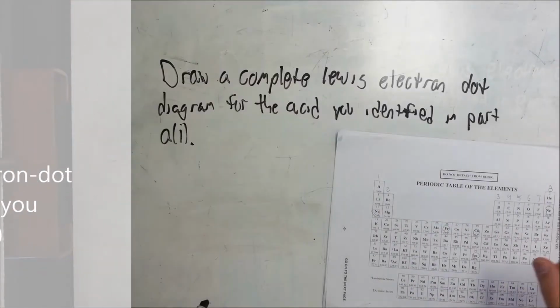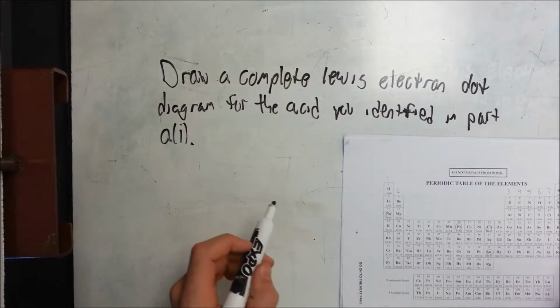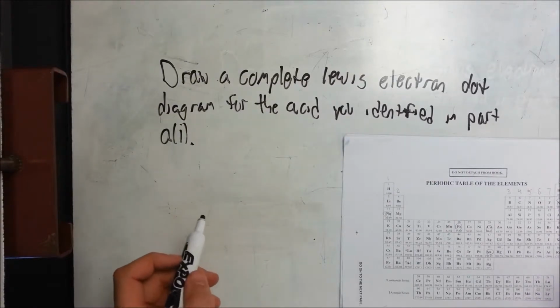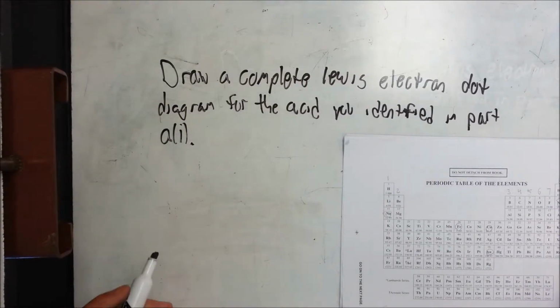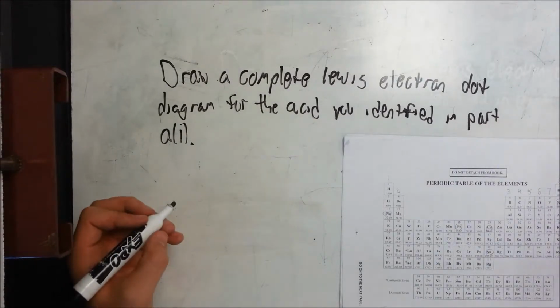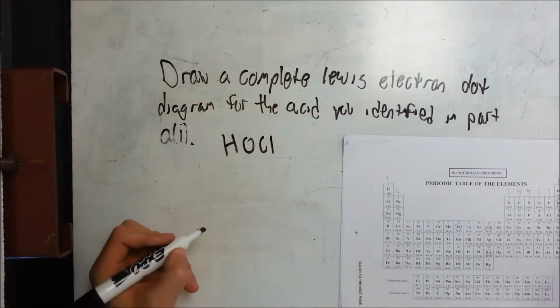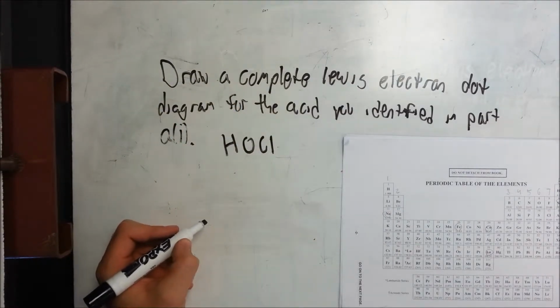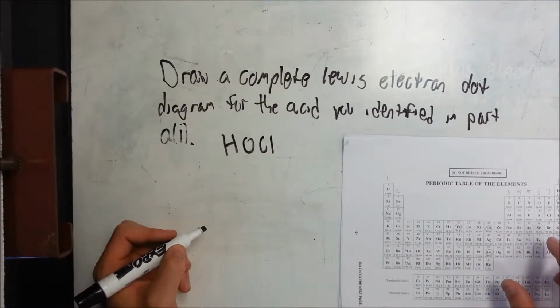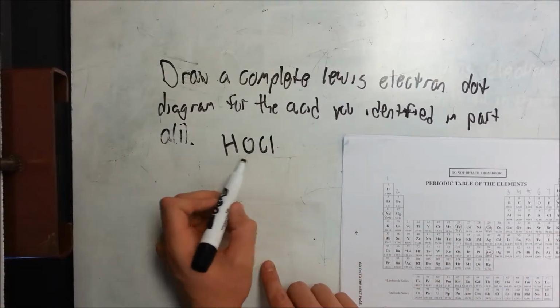Okay, so in this part of the question, we are going to draw a complete Lewis electron dot diagram for the acid that we identified in part A. And the acid we identified was HOCl. First things first, we want to see how many valence electrons each one of these atoms has.